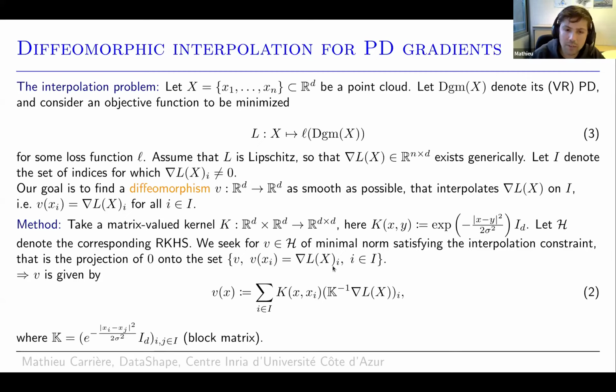The nice thing about looking for fields in these RKHS spaces is that it has a closed form solution. The one with minimal norm you can prove is equal to this equation.